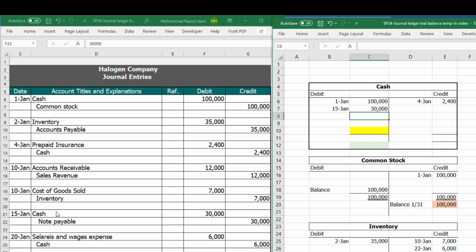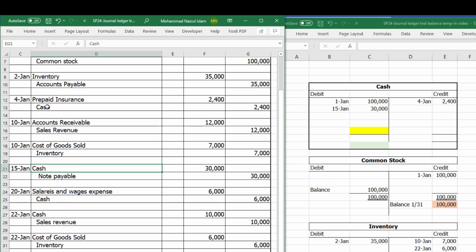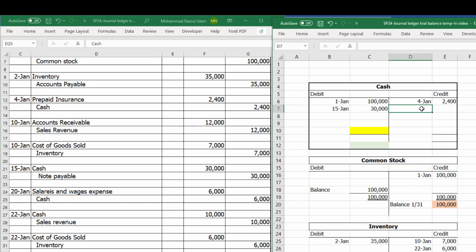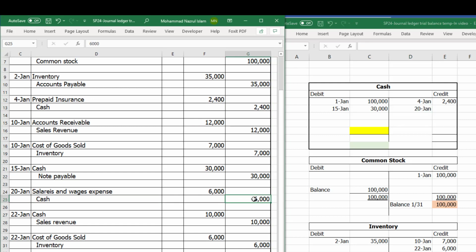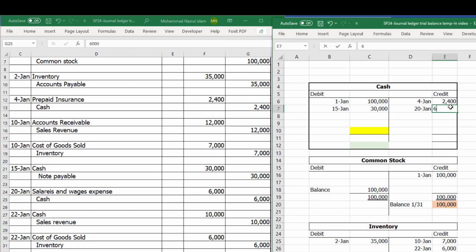Then again, we have another cash, and that is credit. So let's go to the credit side over here. January 20, and the amount is 6,000 credit cash.